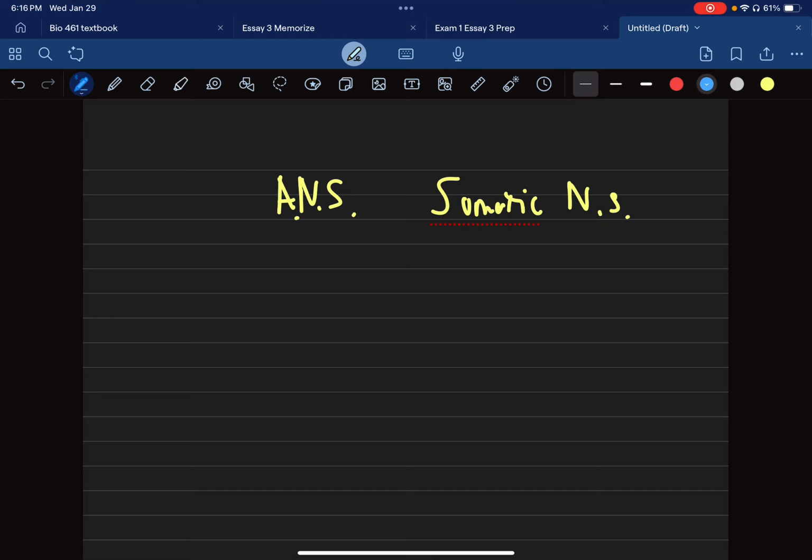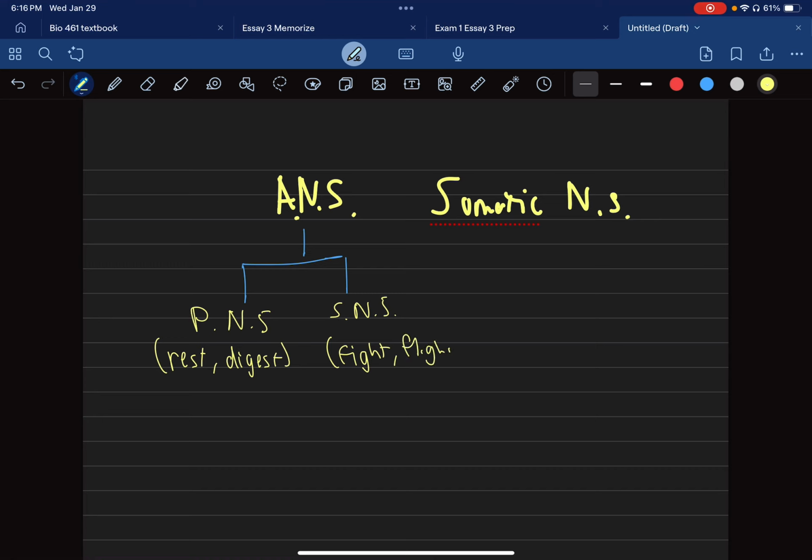And the autonomic is kind of split into the parasympathetic nervous system, which is the rest, digest, and the sympathetic nervous system, which is fight or flight.